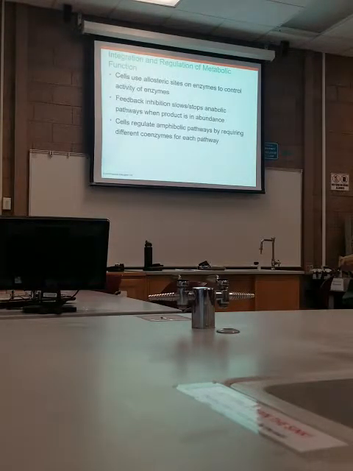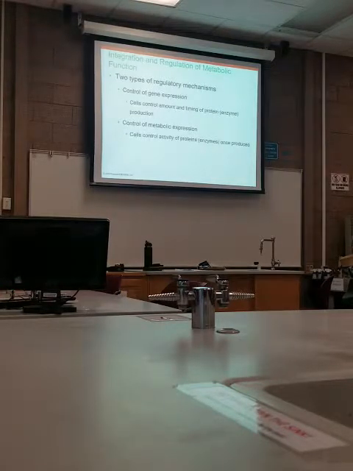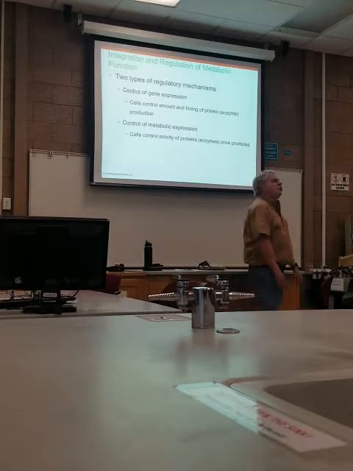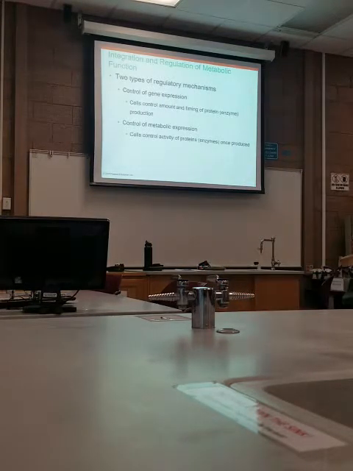These are the pathways that go both directions. This you need to know, especially when you're doing research. How do you control gene expression? There are 2 types of regulatory mechanisms. Enzymes are proteins. How do you make proteins? In the cell, transcription and translation, right?